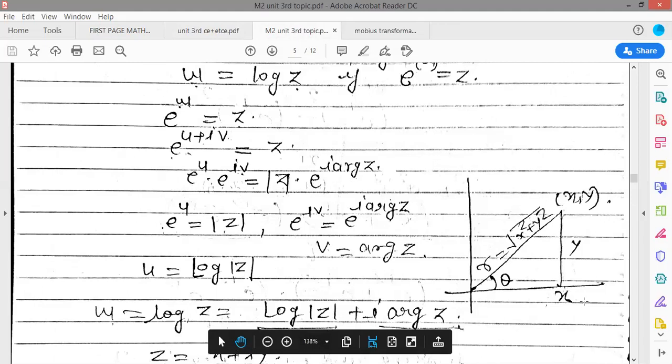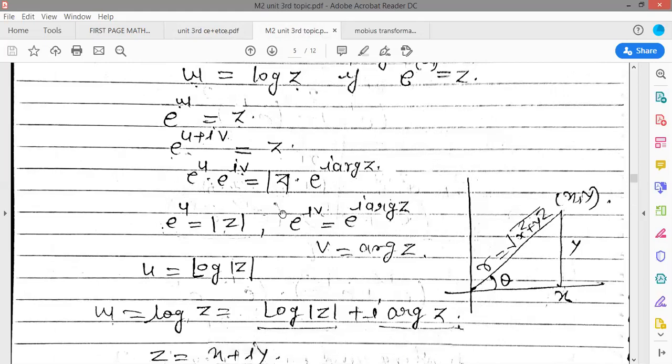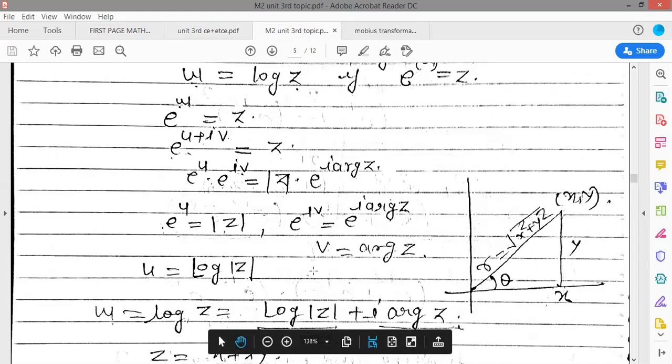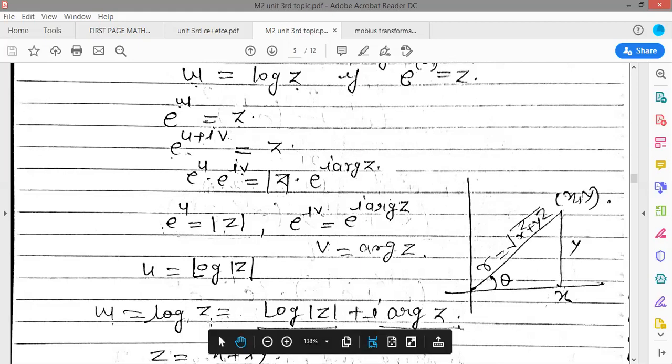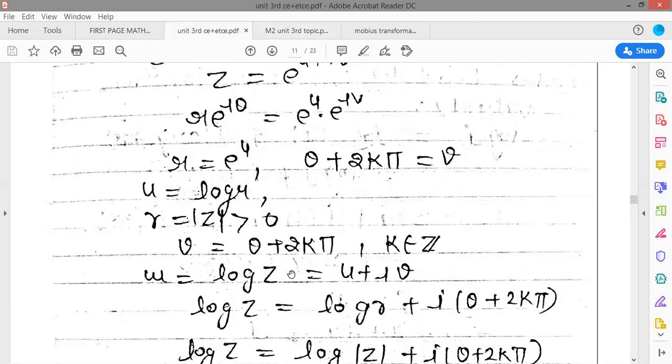This is your x axis or horizontal axis, this is your vertical axis. So r is equal to square root of x square plus y square. That means u is equal to log mod z, and mod z is r, the positive square root of x square plus y square. So w is equal to u plus iota v, where u is log mod z and v is the argument of z. Here z is equal to x plus iota y.